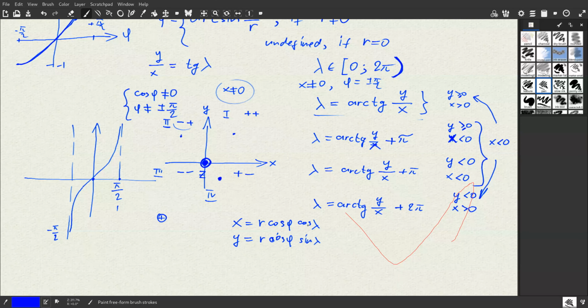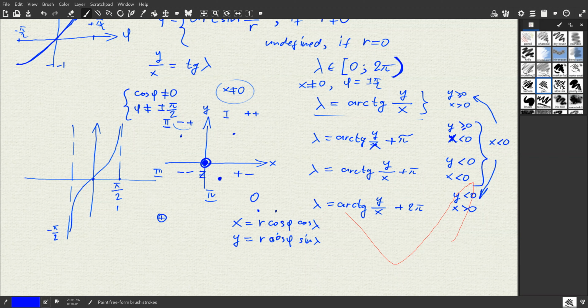If x is equal to 0, it might be that, for example, r is equal to 0. So r equal to 0 means we're in the origin, okay? In this case, obviously, lambda is not defined.